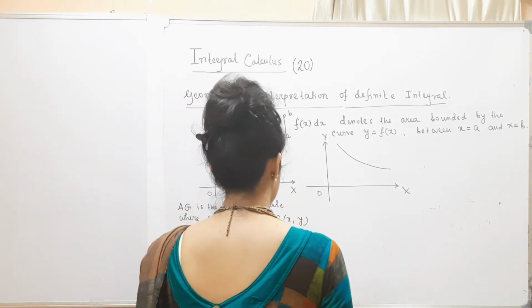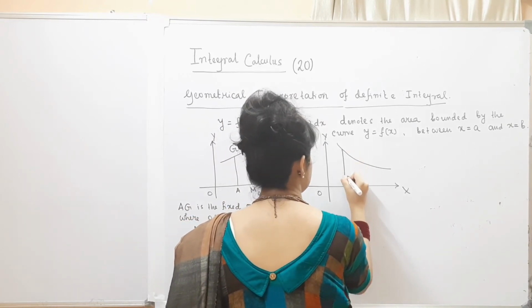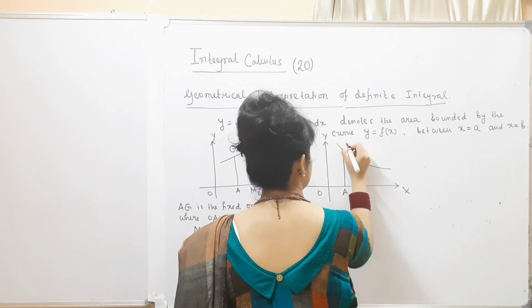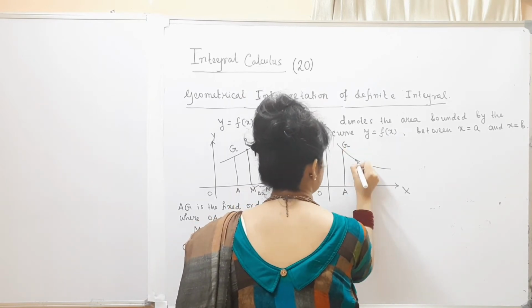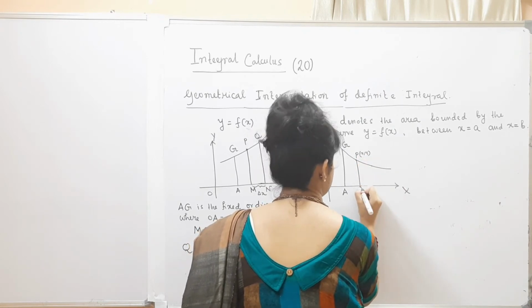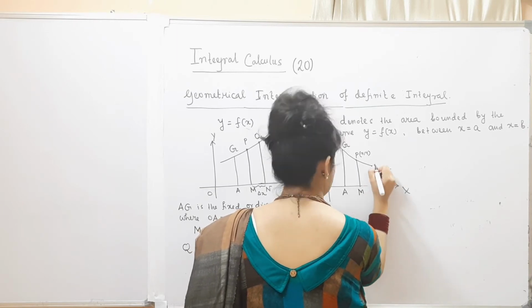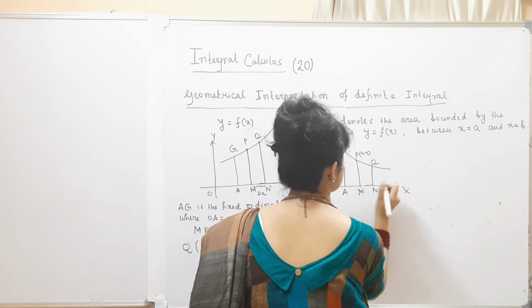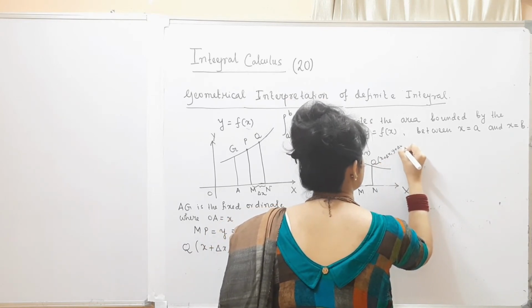In this curve also you can write it like that, that is, it is a decreasing order. First of all this is AG. Now I am considering the point P, it has the coordinate x y, and this is PM and this is QN, because it has the coordinate x plus delta x comma y plus delta y.